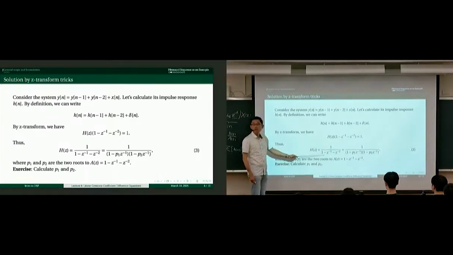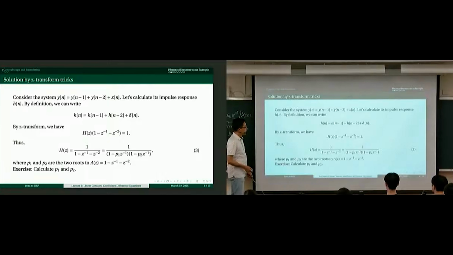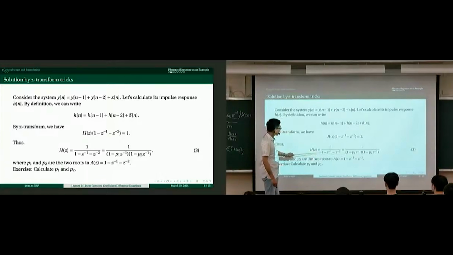This is B of Z, this is A of Z. So you can probably rather easily reach this conclusion that H of Z, in this case, can be written as B of Z divided by A of Z as a special example. So far, nothing's new, just the same thing right here. So far, so good? We good? Yeah?